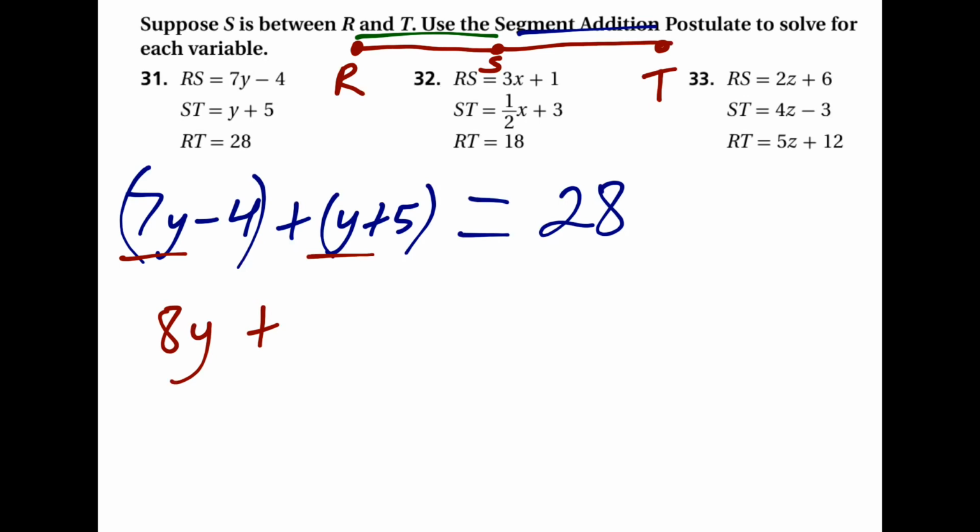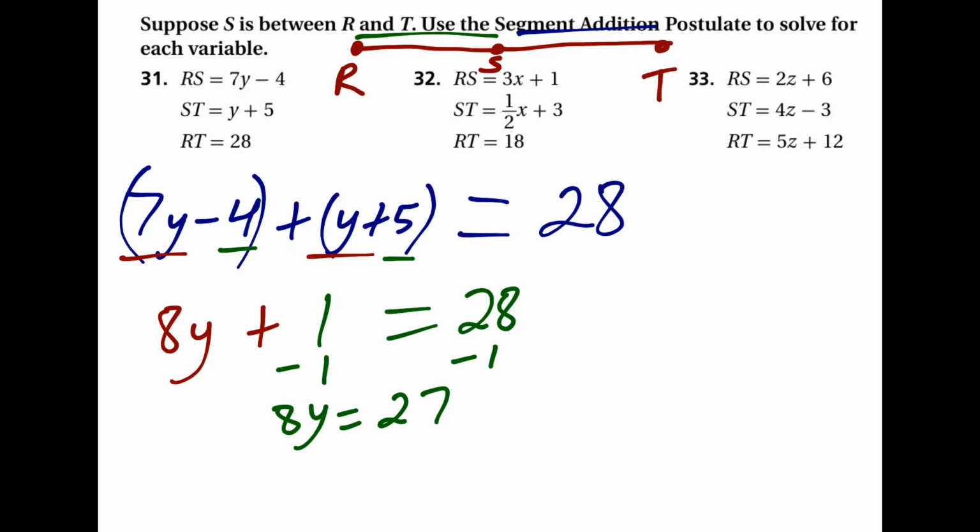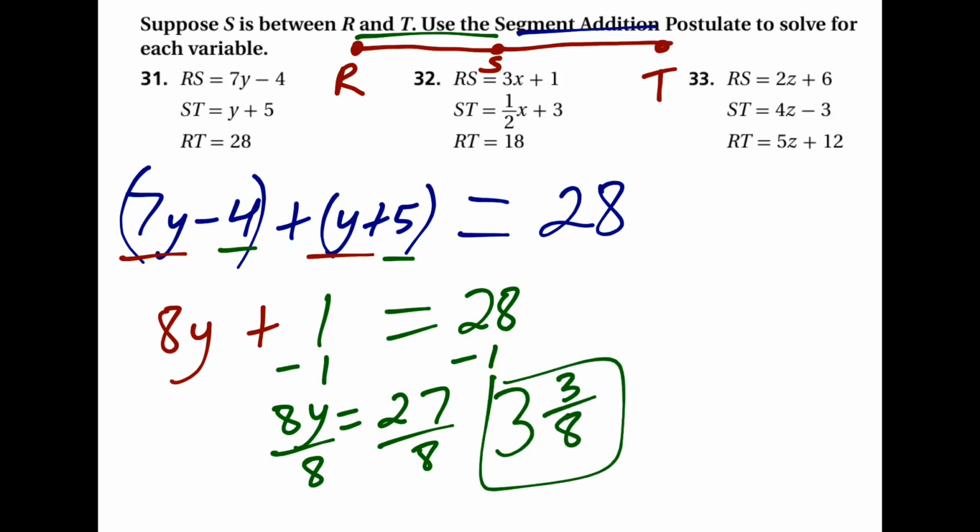We can combine our number terms, and 5 minus 4 is 1. When we subtract 1 from both sides, 8y is equal to 27. Divide by 8. And this becomes 3 3/8, as 8 goes evenly into 27 3 times with 3 remaining.